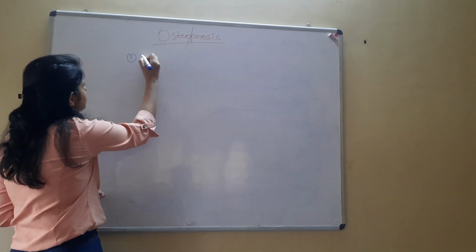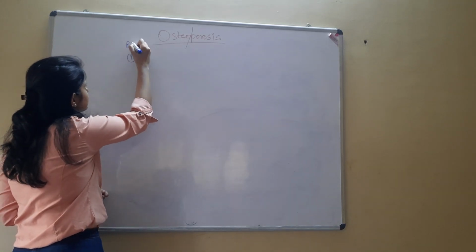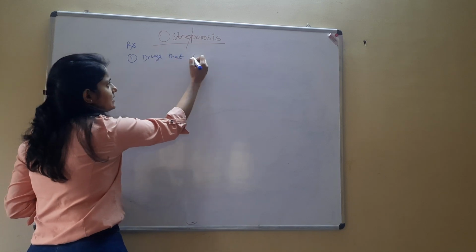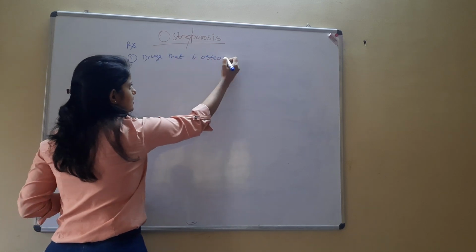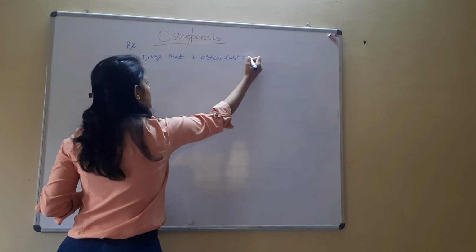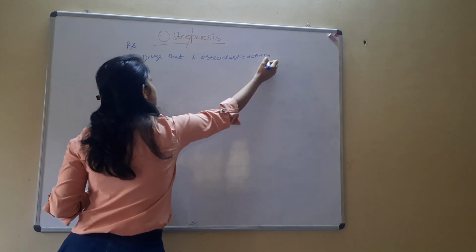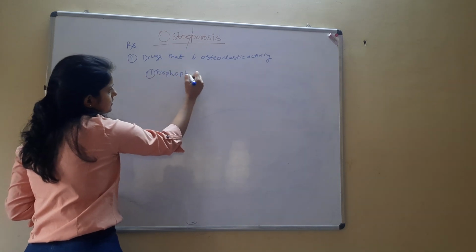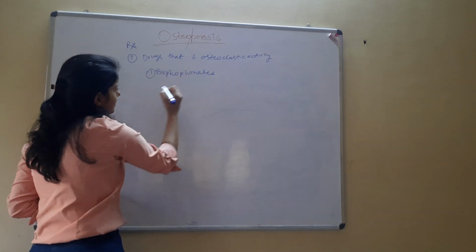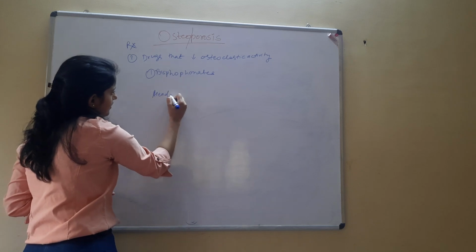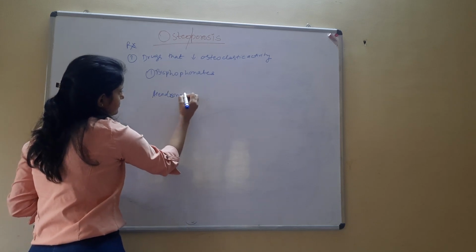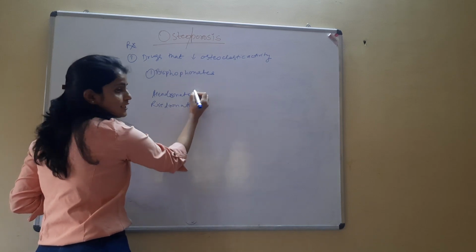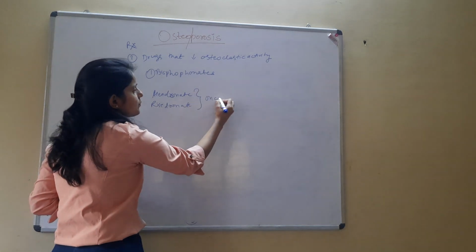For that, drugs that decrease osteoclastic activity: bisphosphonates. Alendronate and risedronate are given once a week.